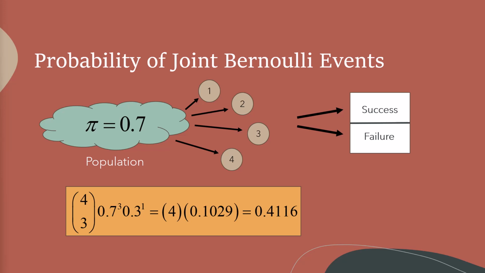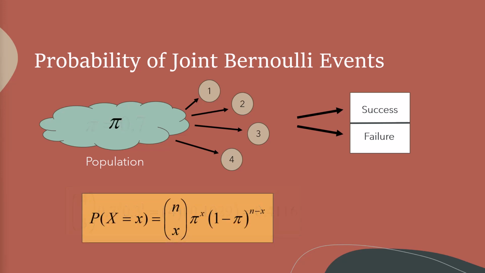So whereas the particular sequence of the first 2 and fourth passing and the third one failing had a probability of 10%, if we don't care where that 1 failure occurs, we just want to know the probability of 3 passing and 1 failing, then we have 0.41, or about 41% of this event occurring.